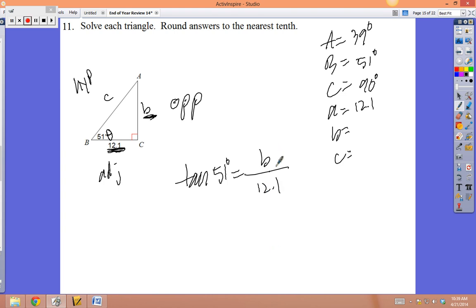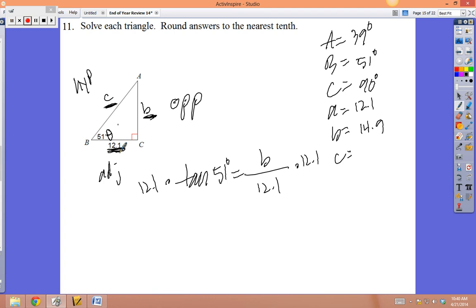Now I want b, so I'm going to multiply this by 12.1, and this by 12.1. So 12.1 times the tangent of 51, and that little b is about 14.9.